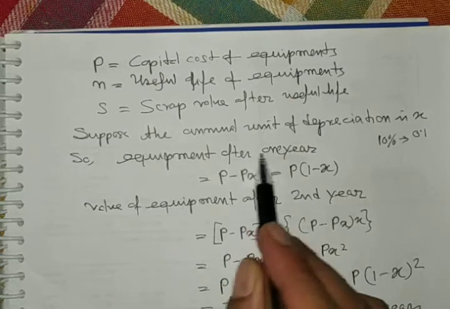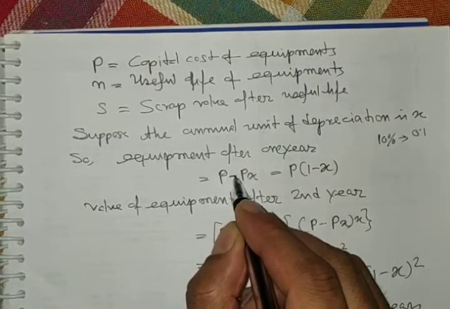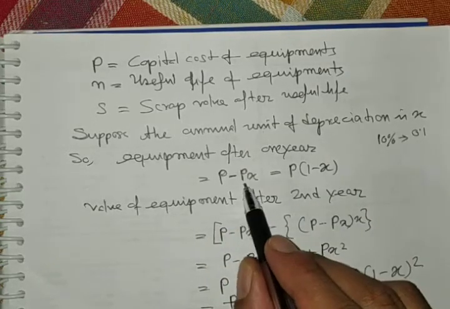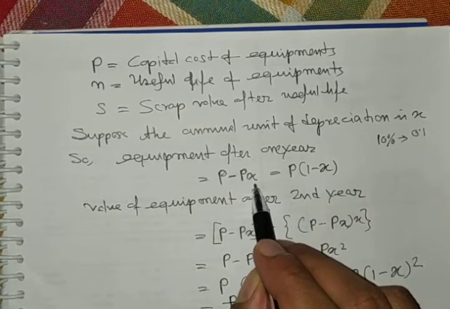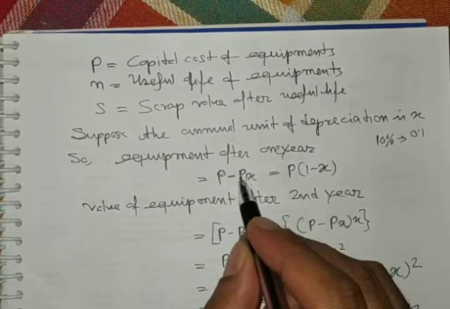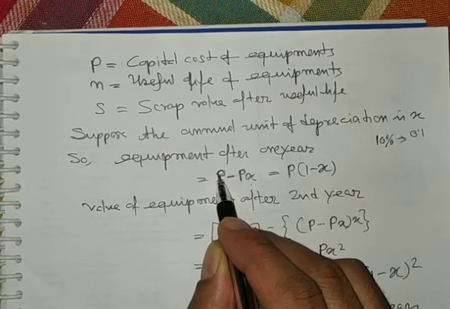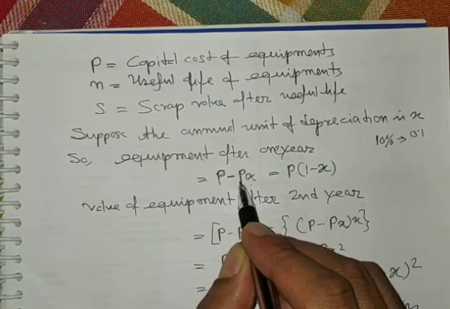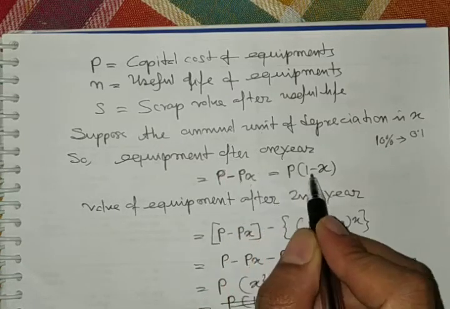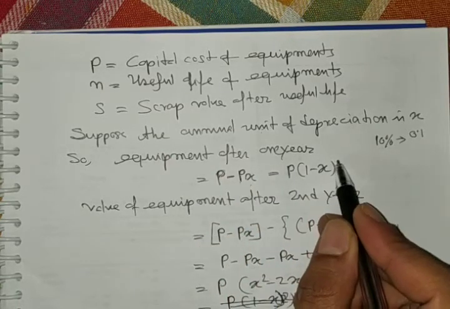So the value of the equipment after 1 year will be P minus P into X. We already know this: the total initial cost P is 10,000, then the depreciation will be 0.1 into 10,000, which is 1,000, so 10,000 minus 1,000 is 9,000.